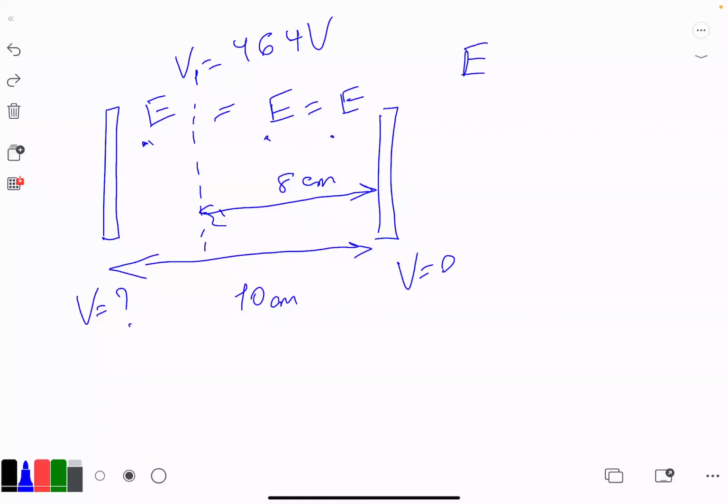So E is equal to V over D, but this V should be delta V, correct? Delta V is equal to 64 volts minus 0 volts, okay?